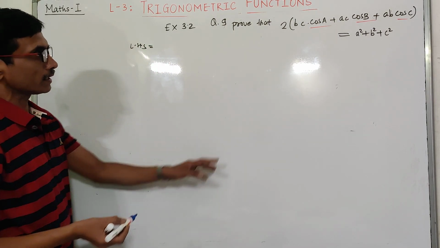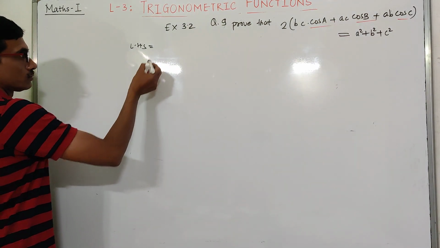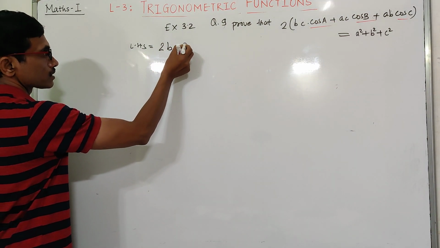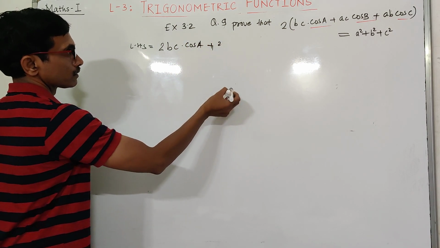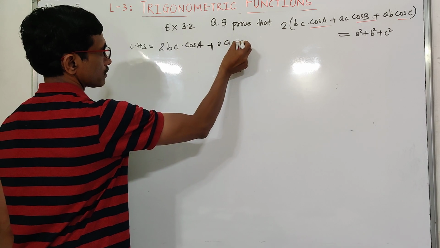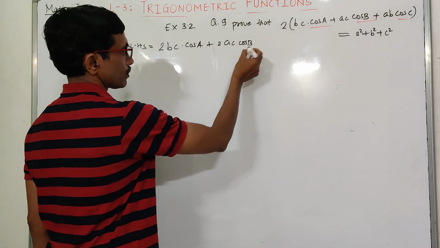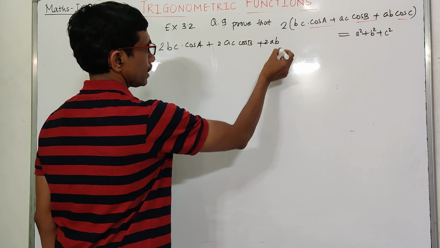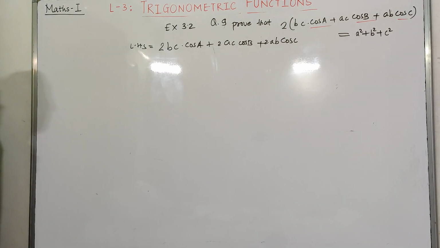LHS is equal to, and this 2 will multiply all three terms. So 2 times bc cos A plus 2 times ac cos B plus 2 times ab cos C. This is our LHS.